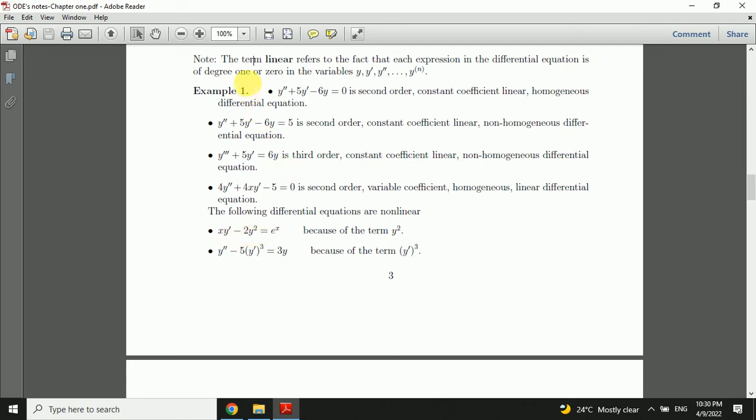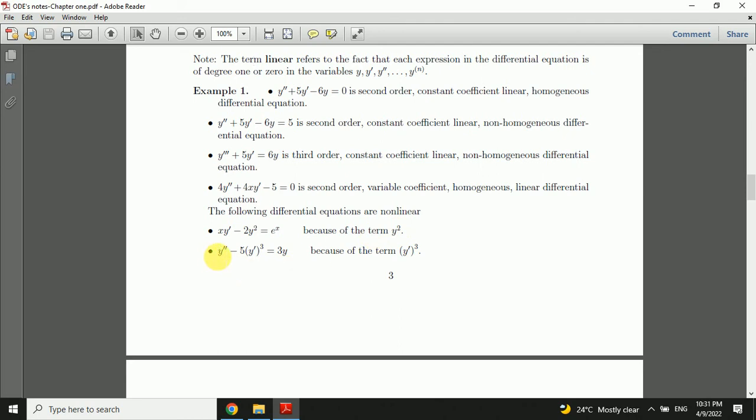The degree should be 1 or 0 in the variables y, y prime, up to y to the power n, the nth derivative. But now when you look at this, we have y raised to power 2. So because of this term y squared, this differential equation becomes nonlinear.